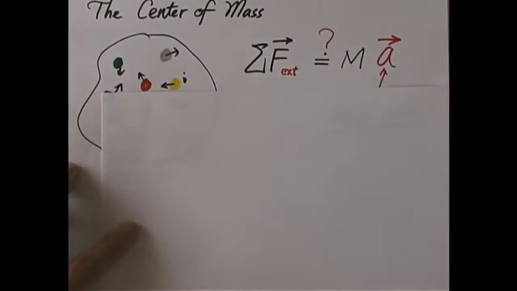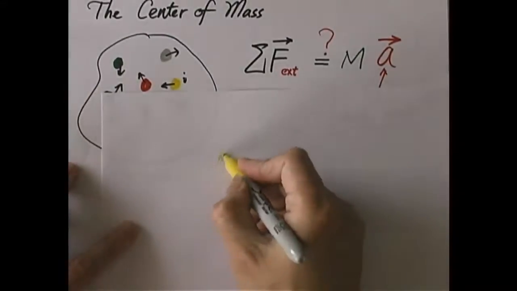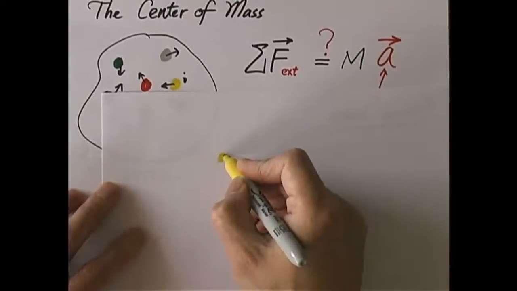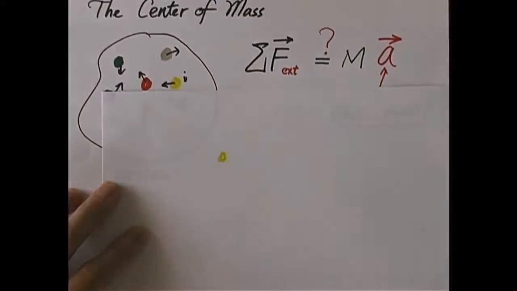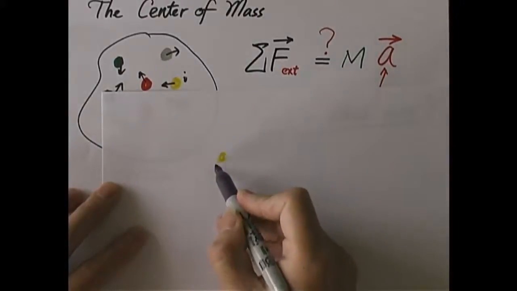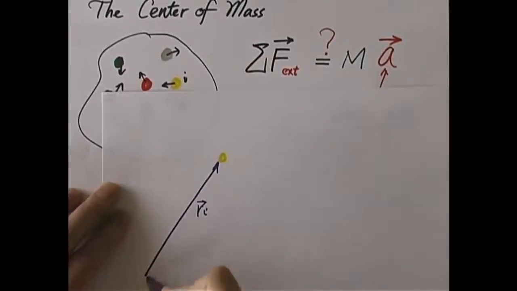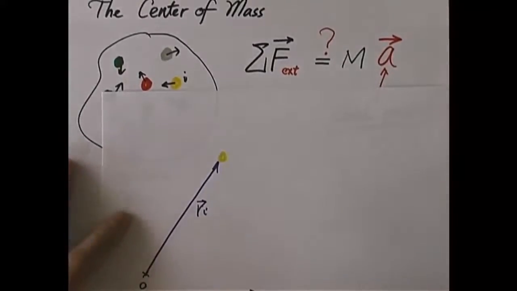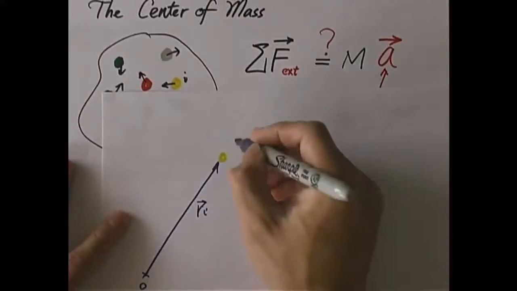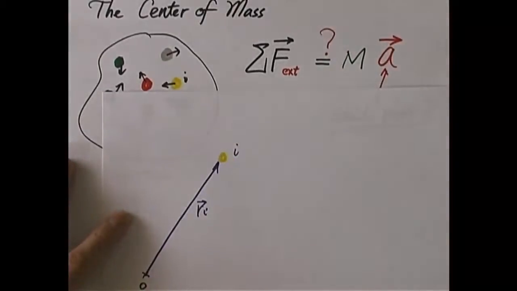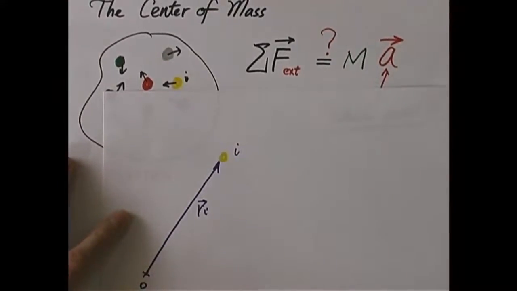Let me draw another diagram here. Here is the ith particle, and I must first of all identify its location using a displacement vector r sub i, starting from the origin of the coordinate system. Here's a fixed origin of the coordinate system. Here's the ith particle, and this guy can have a certain acceleration a sub i.